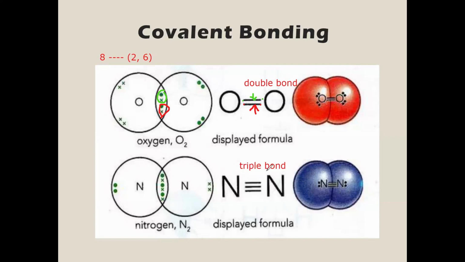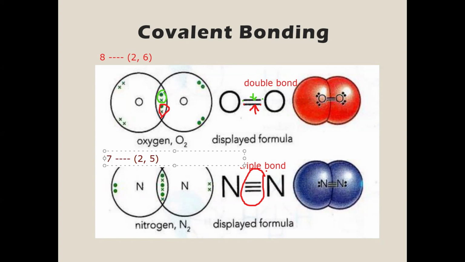Nitrogen is another way of bonding between atoms, where it's also covalent, which depends on the idea of sharing a pair or more of electrons. But nitrogen forms a triple bond because the atomic number of nitrogen is 7. If you look at the periodic table, the atomic number of nitrogen is 7, so the electron configuration is 2 and 5.